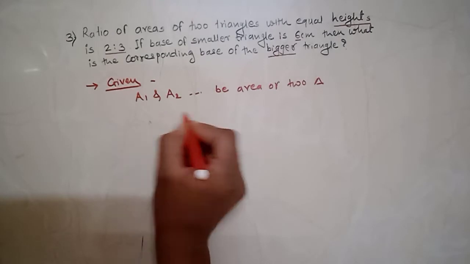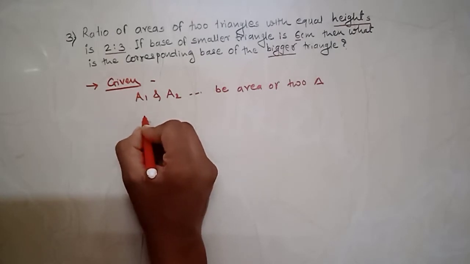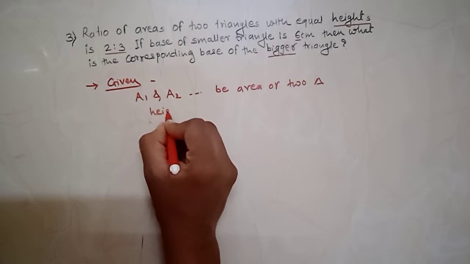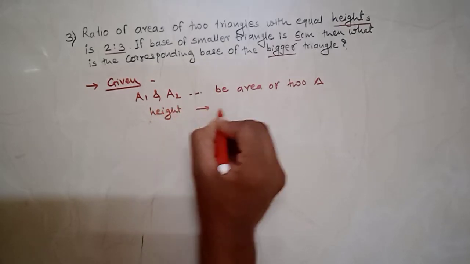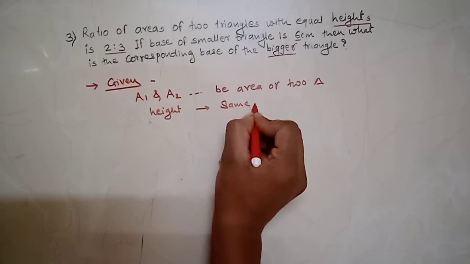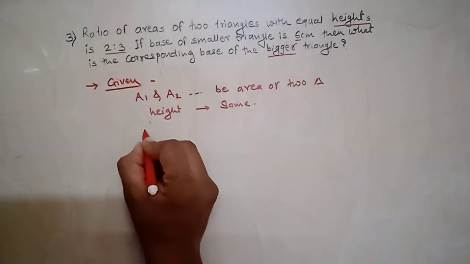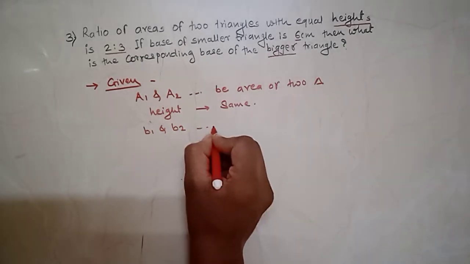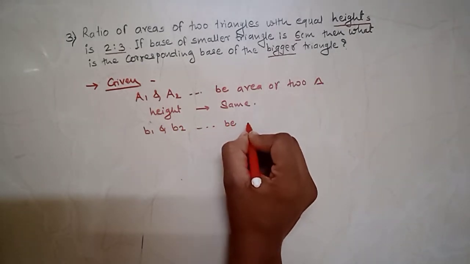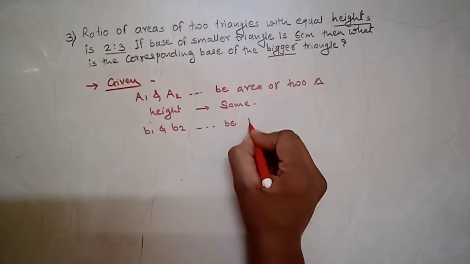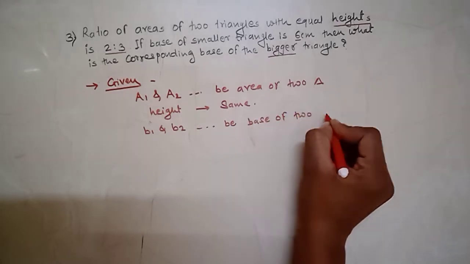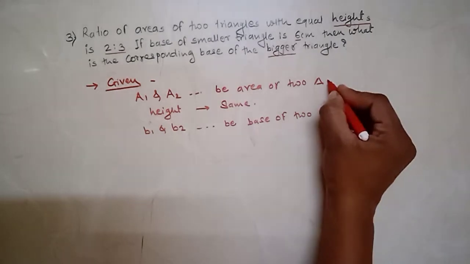And they have the same height. Then consider B1 and B2 to be the bases of the two triangles.